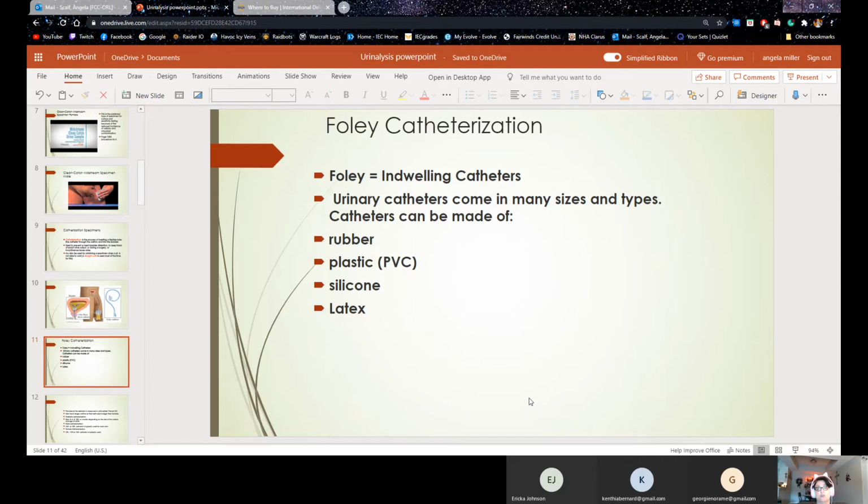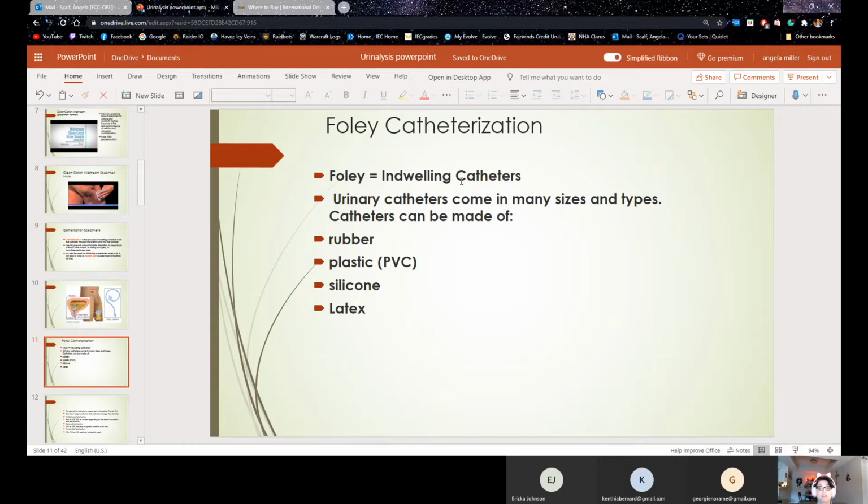That means it's something we usually think of as being in there for a short amount of time. And some people live with these. Some people have to have them replaced and take daily care of this, and it's part of their day-to-day lifestyle, that they have catheterization due to many reasons.